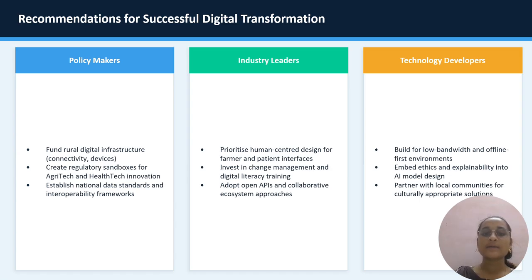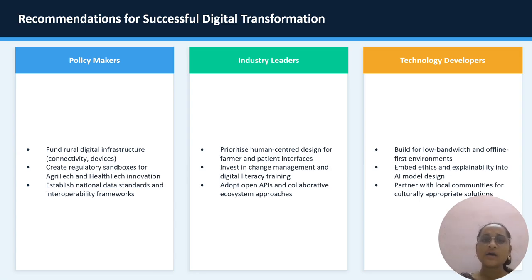And third one is establish national data standards and interoperability frameworks. Make rules so all hospital and farm databases use the same format. Then data can be shared easily between the systems. Next, industry leaders.